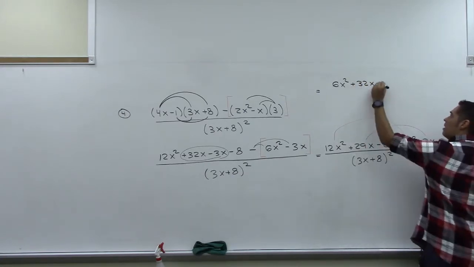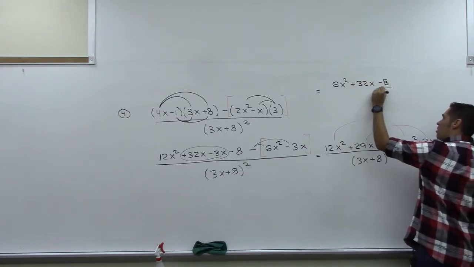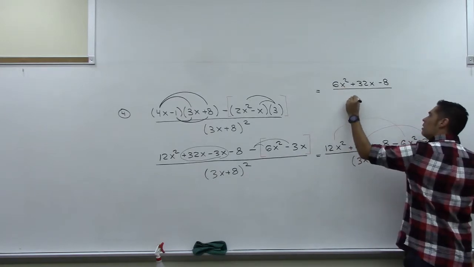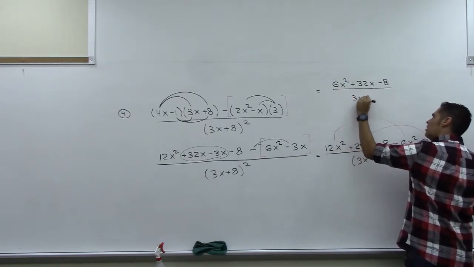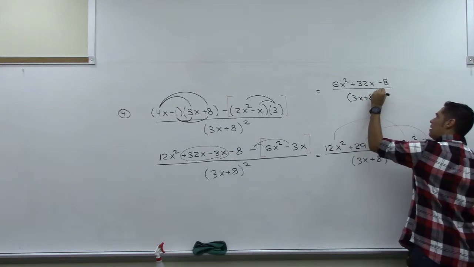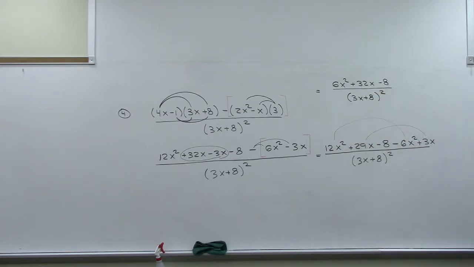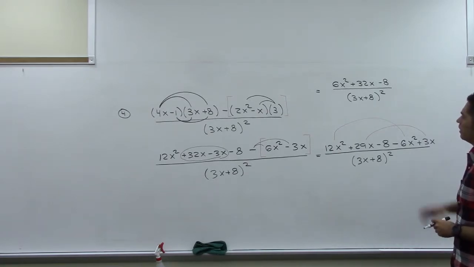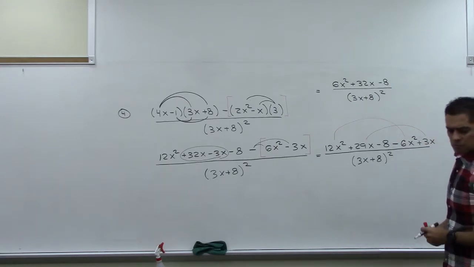And then finally minus 8 over 3x plus 8, that quantity squared. Okay, that's it. That's all we're going to do at this point. Leave it like that. We're good to go.